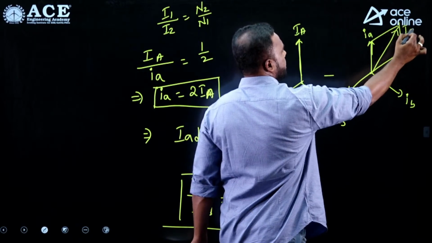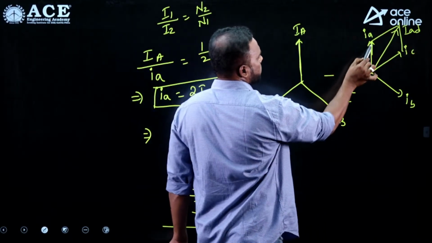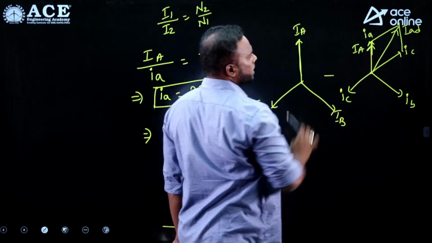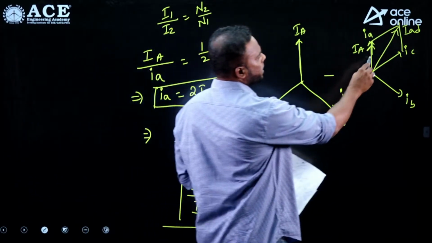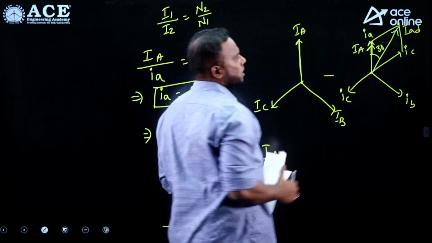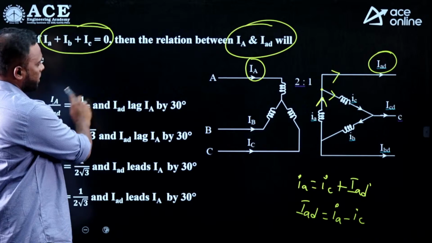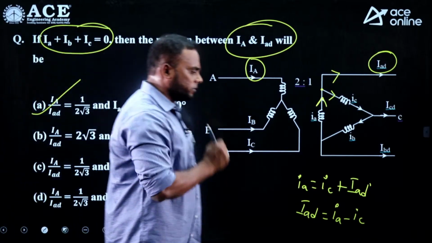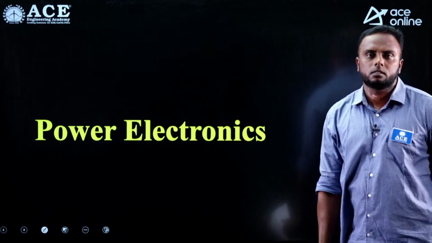This is Iad. Then this small Ia and capital IA are in phase, so IA is also here only. Now what is the angle? Iad lags capital IA by 30 degrees here. So Iad lags capital IA by 30. Option A will satisfy. So these are the questions from machines.